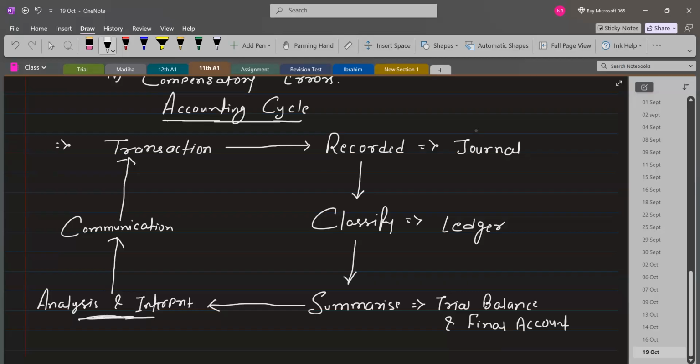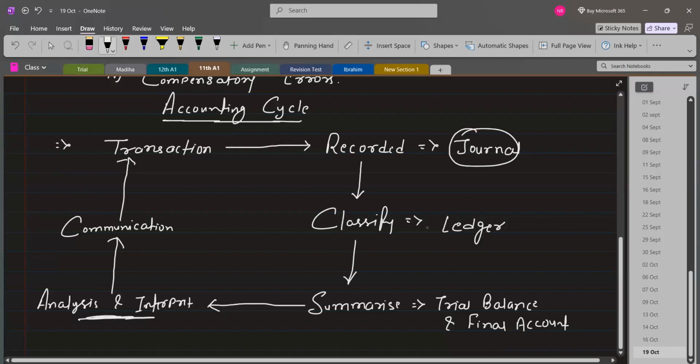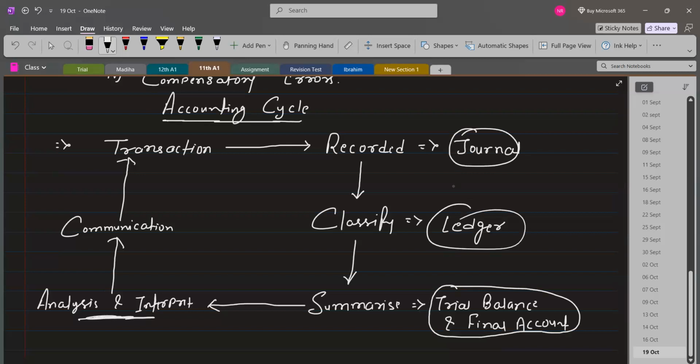Now at every step, journal, ledger, trial balance, and final account, up to this point, not in analysis and interpretation, we are talking about only this recording part. There can be a mistake. While recording a journal entry, you can make a mistake. While transferring the entries from journal to ledger, you can make a mistake.